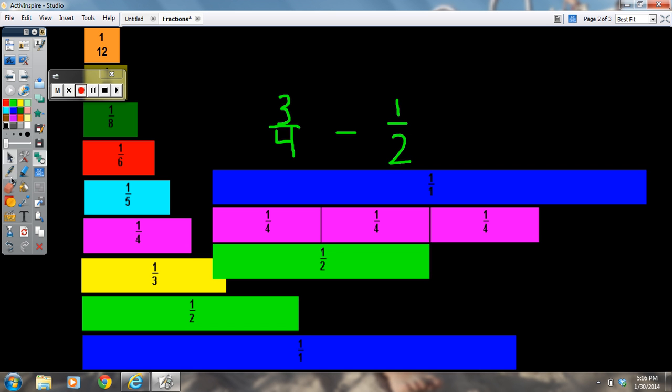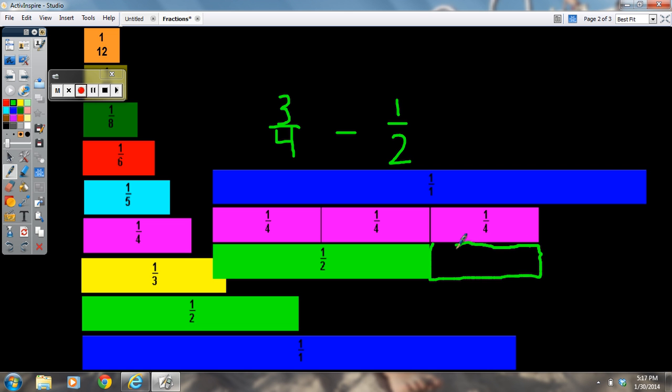And essentially what we are trying to find out is the difference between 3/4 and 1/2.